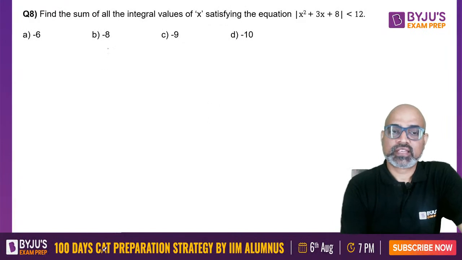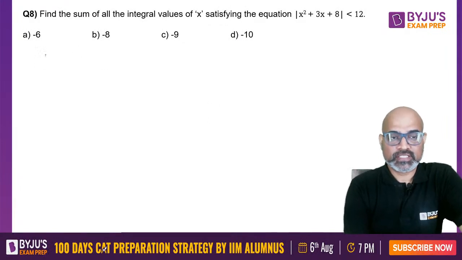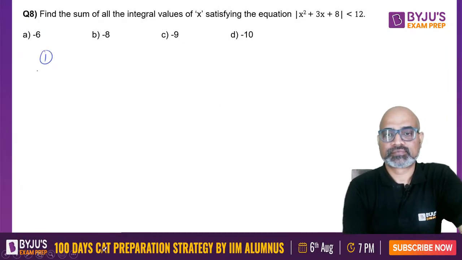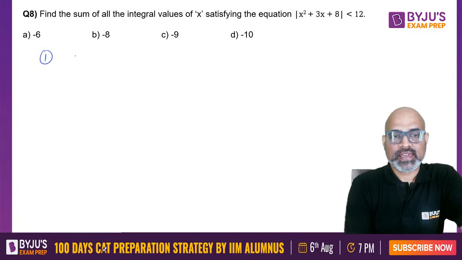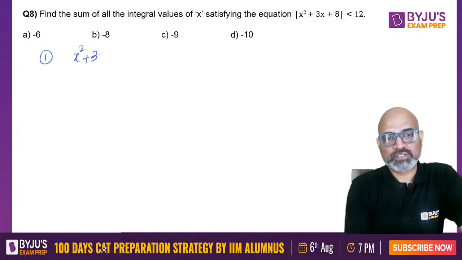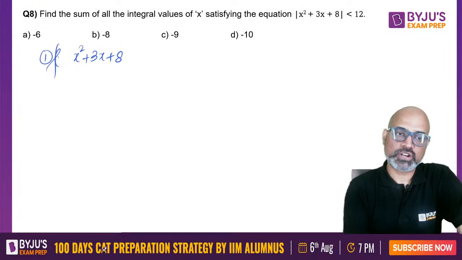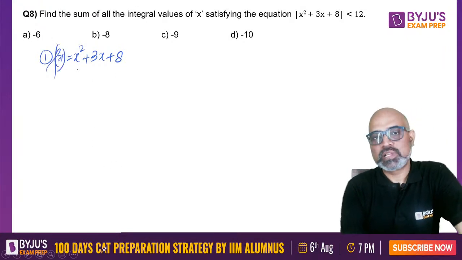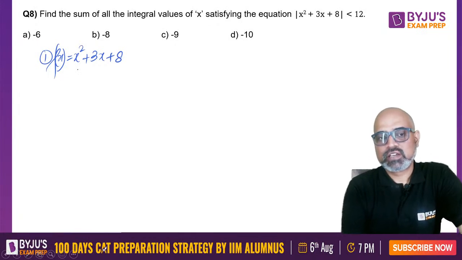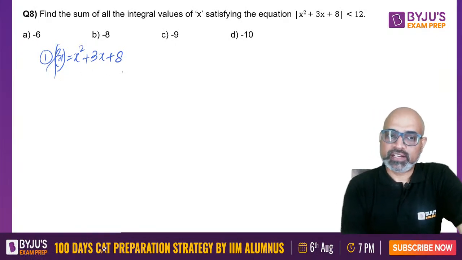Okay, the first step is, look at this quadratic x square plus 3x plus 8, right? This is a quadratic polynomial that is given to us. There are two ways to look at this.